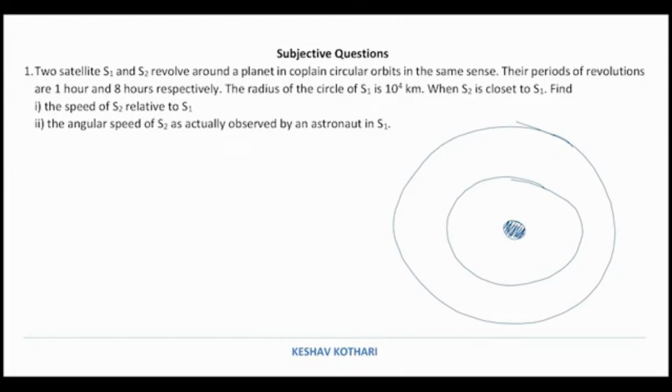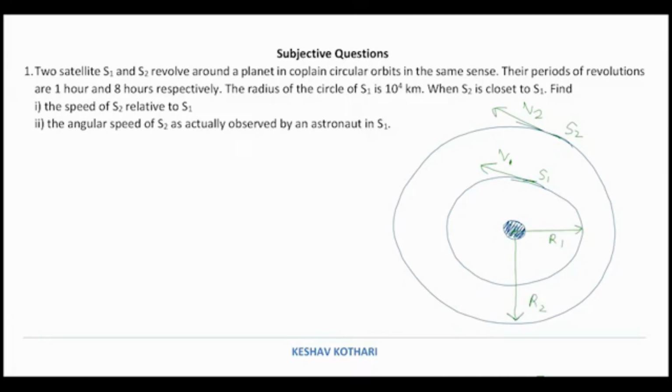S1 is moving with a velocity v1 over here, and this is v2 for the other satellite S2. The radii are r1 and r2 respectively.